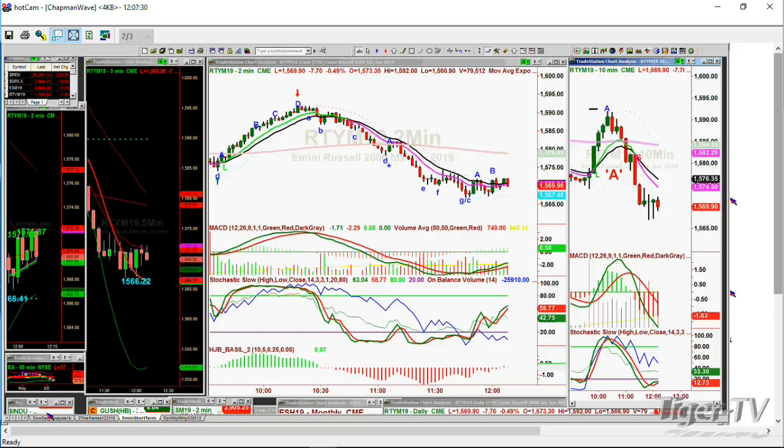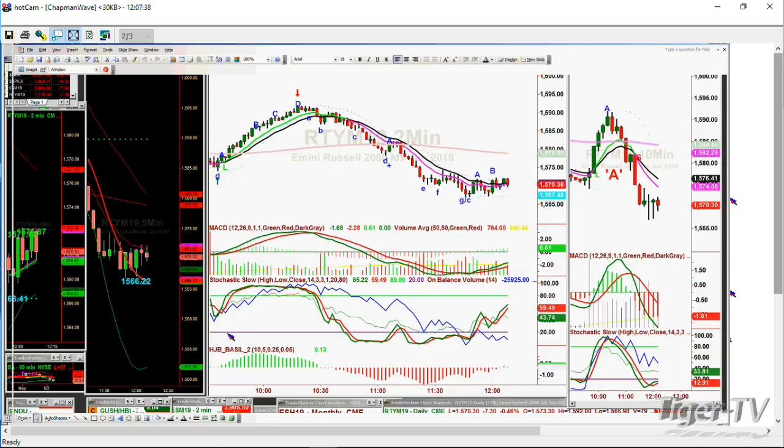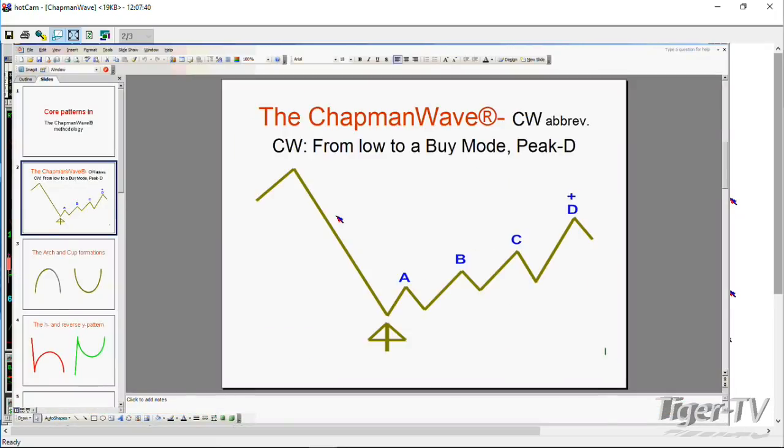Let me just quickly do this because this is going to be almost like a Tactical Friday session. Let me just show you if I can get to it right here. Not that one. So in the Chapman wave methodology, we're always looking for the lowest, most obvious low bar to be able to start a buy signal. They can go to a buy mode with certain technical conditions, but all I'm anticipating is uppercase A, B, C, D, four higher peaks.